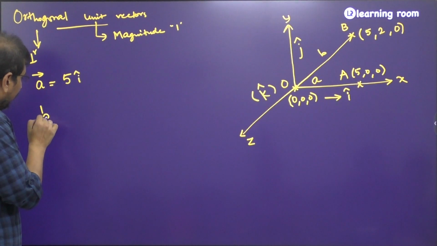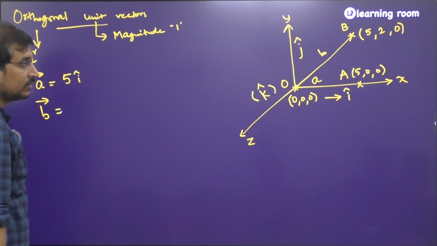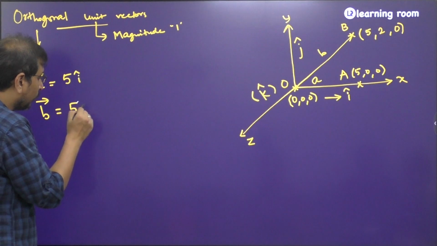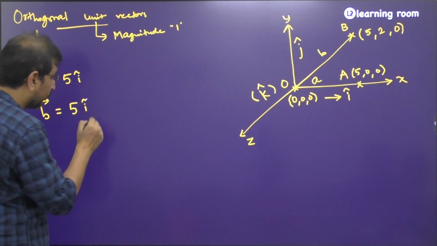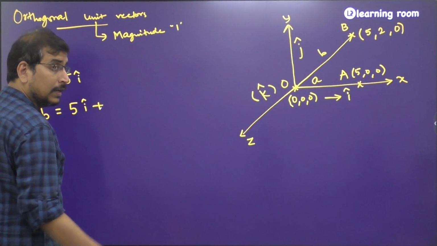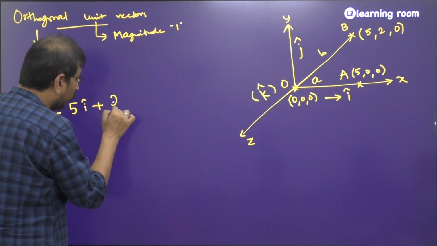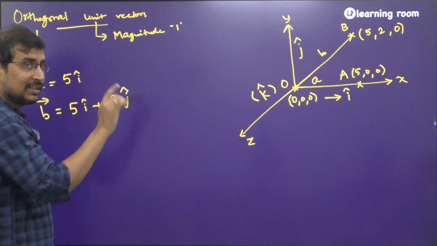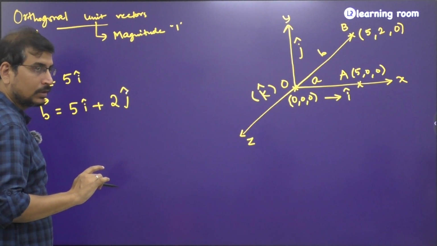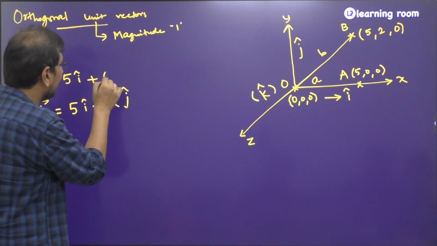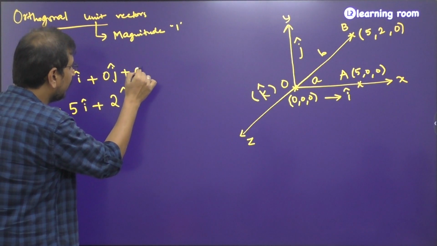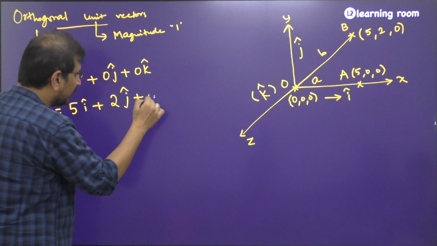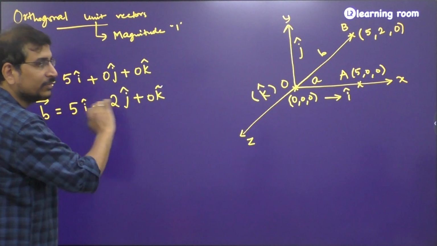Then B vector is given as 5 units in the direction of x plus 2 units in the direction of y plus 0 times k cap. So basically here it is 5 I cap plus 2 j cap plus 0 k cap. Only thing is we don't write that 0.